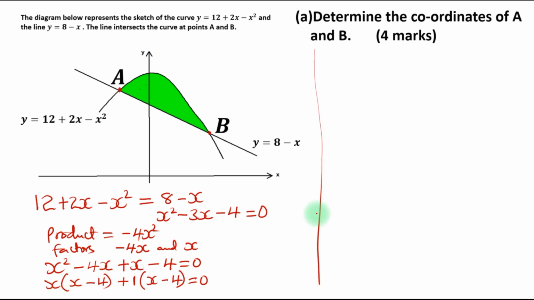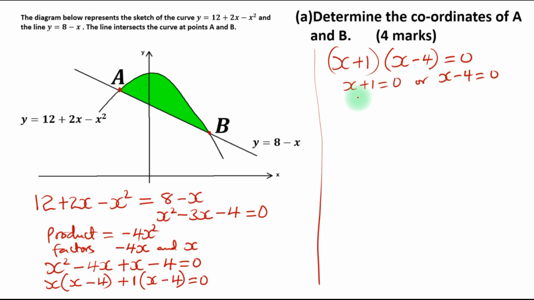Therefore, I write it as x plus 1 in brackets, then multiply by x minus 4, which will be equal to 0. Either x plus 1 is equal to 0 or x minus 4 is equal to 0. Therefore, x here will be equal to minus 1 or here x will be 4.